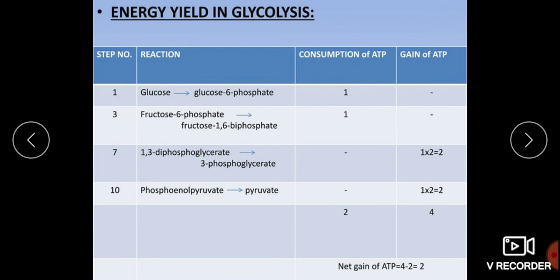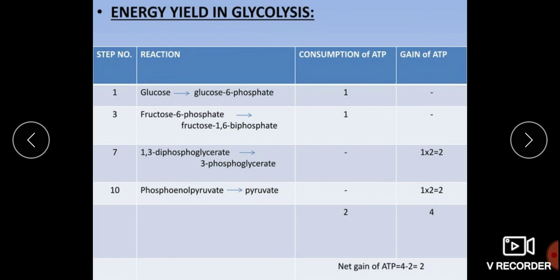So consumption of one ATP is here. At step number 7, 1,3-diphosphoglycerate gets converted into 3-phosphoglycerate, and this is the first example of substrate level phosphorylation. The released phosphate molecules are accepted by 2 ADP molecules and form 2 ATP molecules. So the gain of ATP in step number 7 is 2.